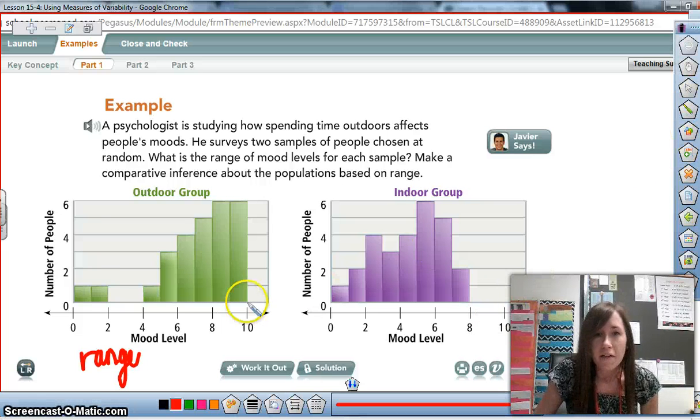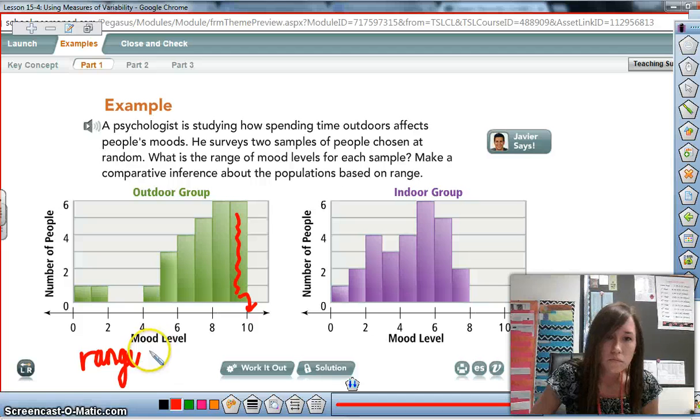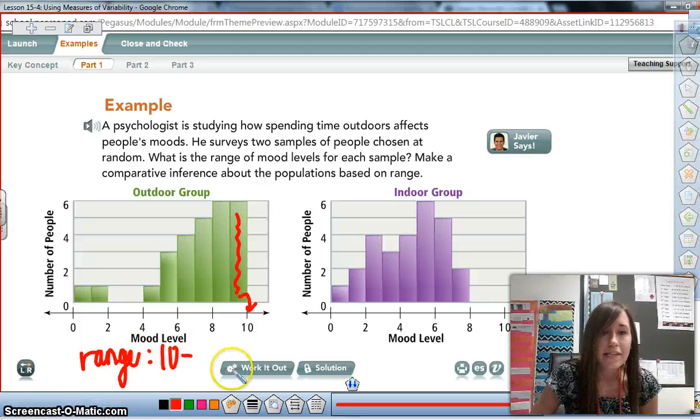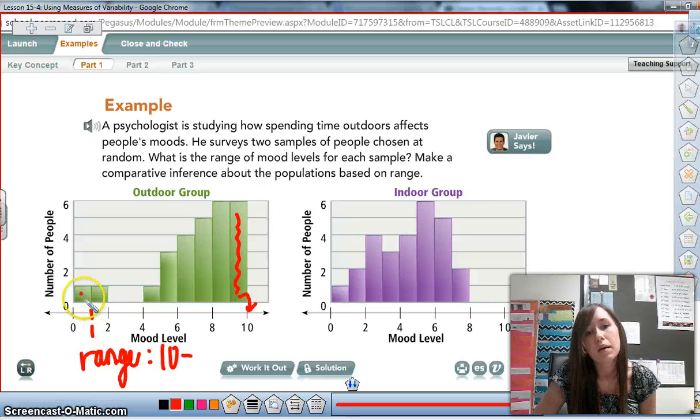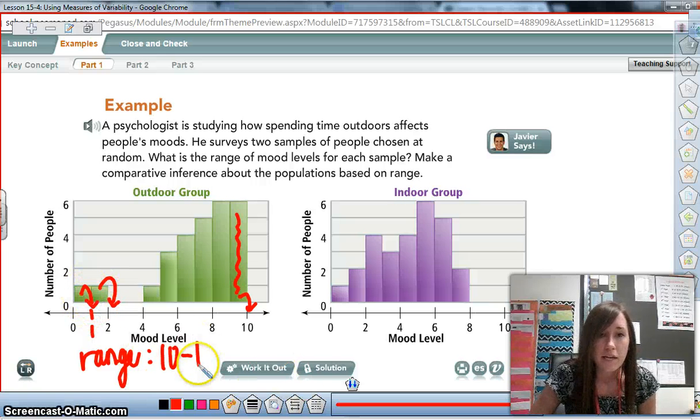But if we're looking at this green group, this bar, our highest mood level rating was a 10, minus our lowest mood level rating, which was actually a 1. The bar is right behind the number that it's going with. So this bar goes with 2 and this bar goes with 1. So we'd say 10 minus 1 is a range of 9.